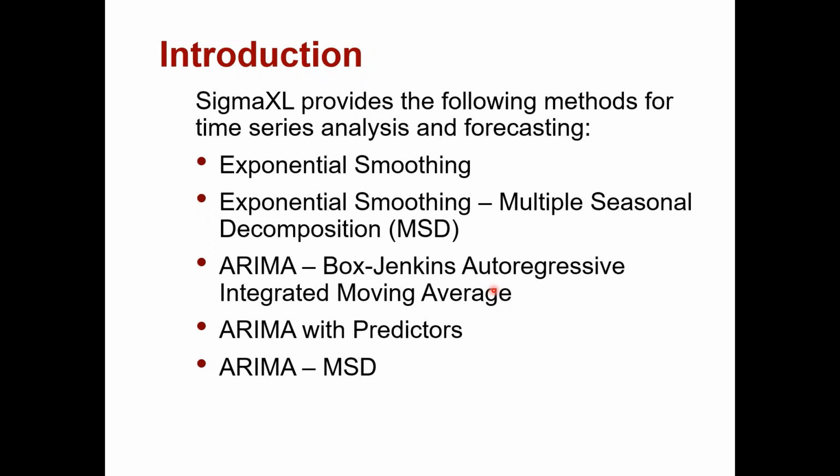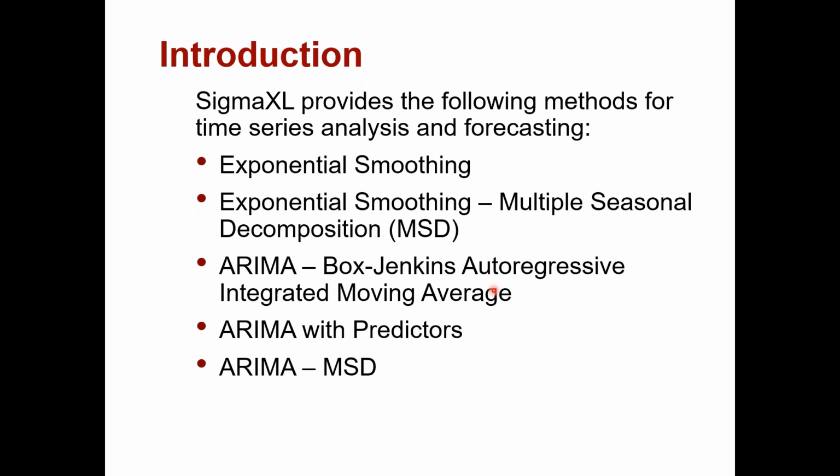Also, methods for time series analysis and forecasting include exponential smoothing with multiple seasonal decomposition. So sometimes you have situations where you not only have monthly data, but maybe you have a monthly effect, but you also have a daily effect or a weekly effect. And that's called multiple seasonality.